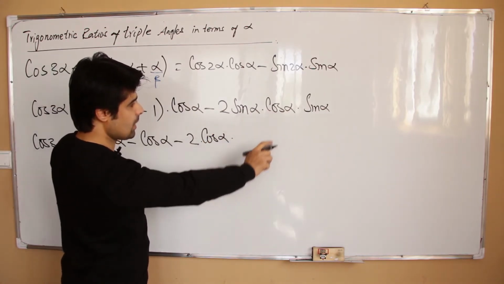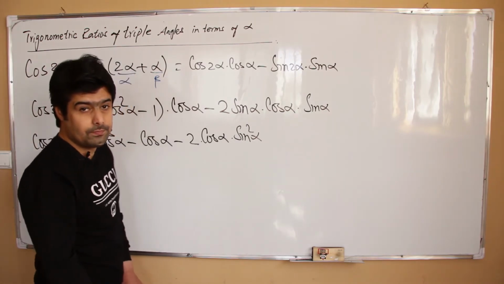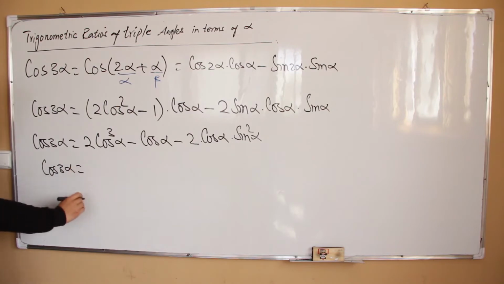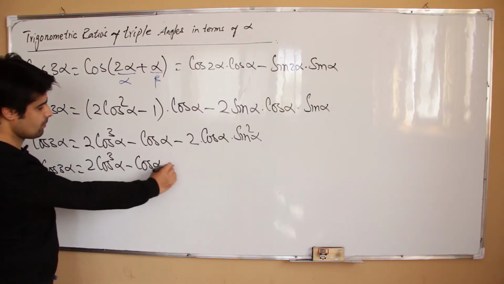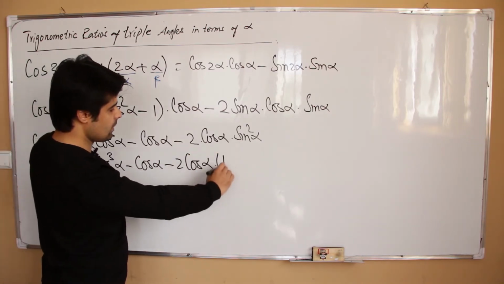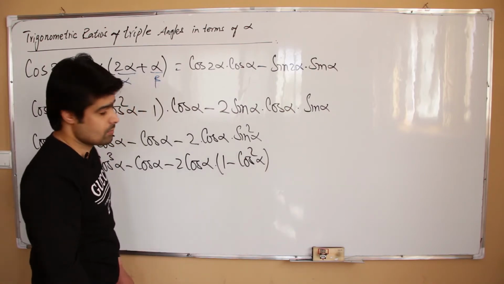Now sine, it is sine square of alpha. Cosine of 3 alpha is 2 cosine cube of alpha minus cosine of alpha minus 2 cosine alpha. Now instead of this one, can I use 1 minus cosine square of alpha? Yes, why not?